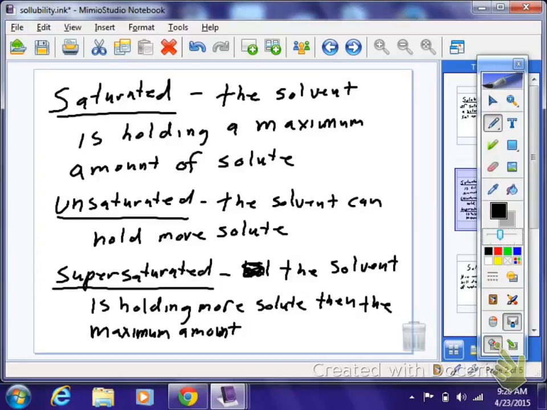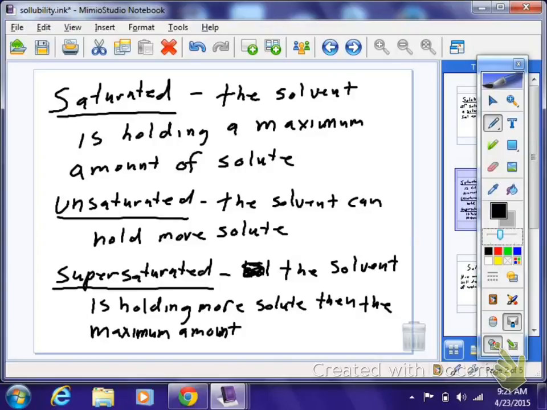But if you pull over and they check you, then they're going to get a hefty fine. So supersaturated is something that holds more than it can normally hold under normal conditions. Can you do that? Sure. You can make a supersaturated solution. That's what these two are up here. So we're going to show you here in a second what a supersaturated solution would do. Okay? All right. Let's do that now.